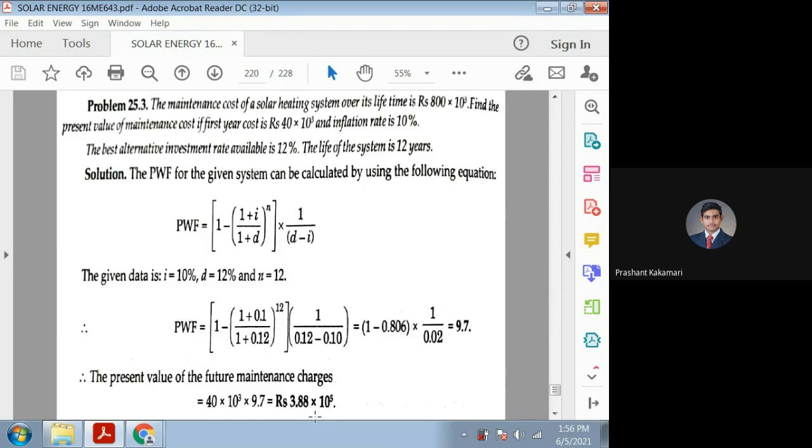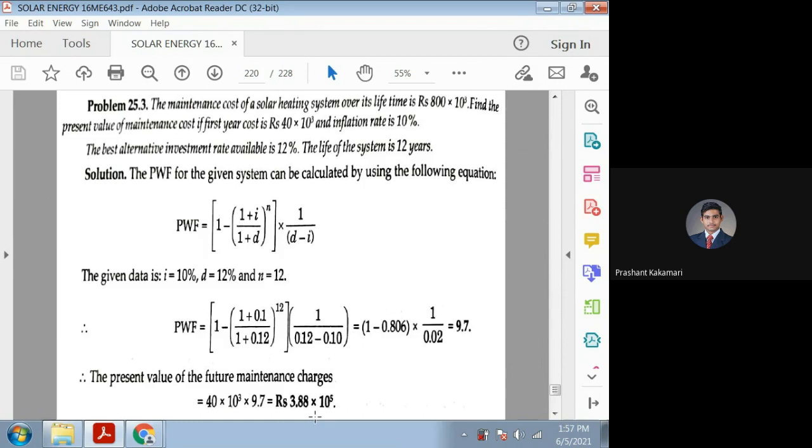So the present worth factor, if you want to find out for these given conditions with inflation, discounting, and number of years, the equation will be 1 minus bracket 1 plus i by 1 plus d whole raised to n bracket close into 1 by d minus i, which is the regular formula for present worth factor.